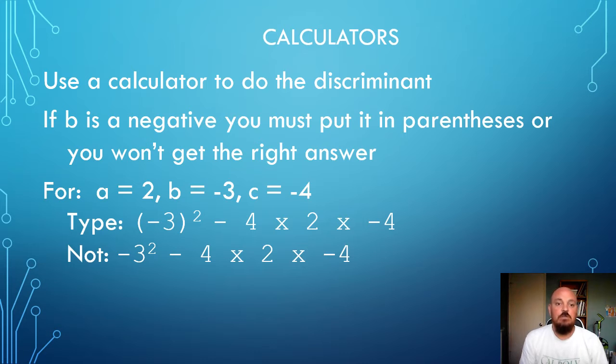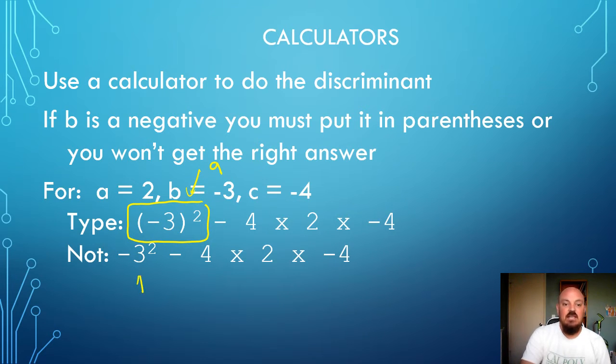If I wanted to do b squared minus 4ac, I want to make sure I type the b squared part in like this. I do negative 3 in parentheses squared. And the reason is negative 3 squared means negative 3 times negative 3, and that should equal a positive 9. So that right there should come out to 9.